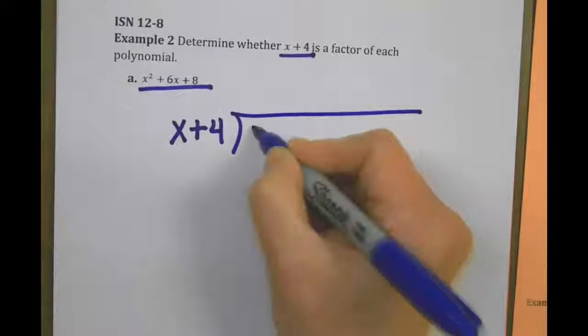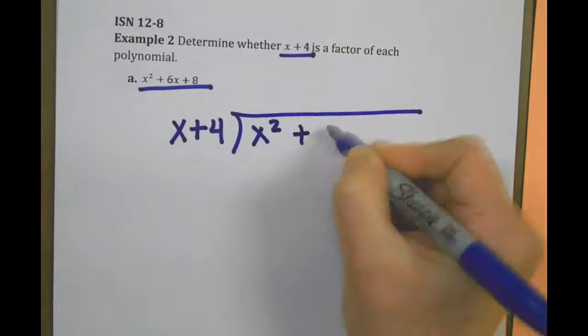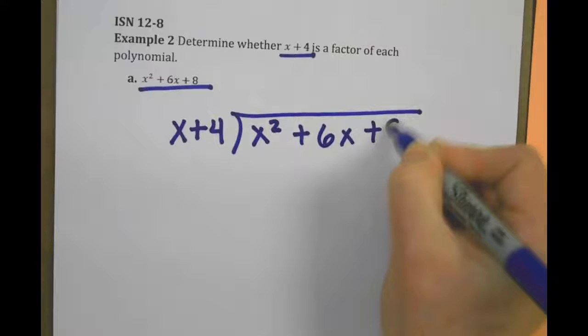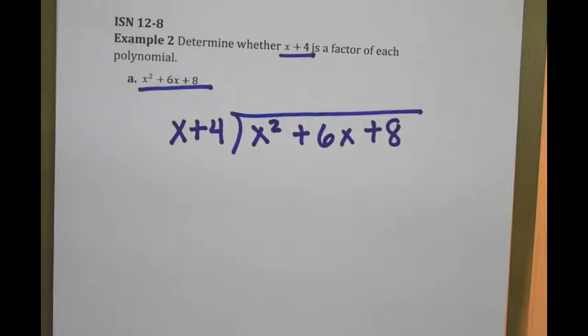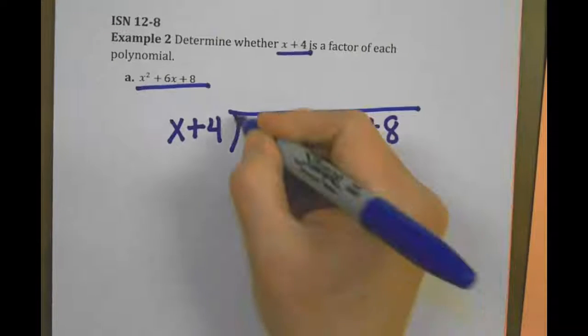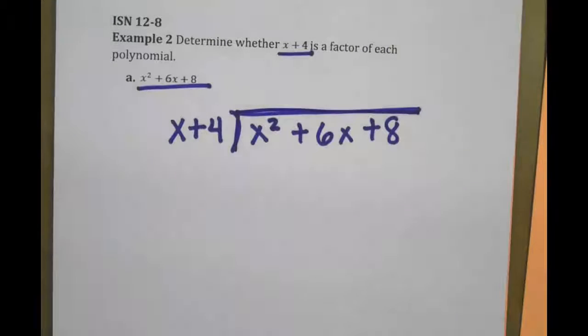X plus 4 divides into x squared plus 6x plus 8. The x plus 4 is the divisor. The quadratic underneath is the dividend.